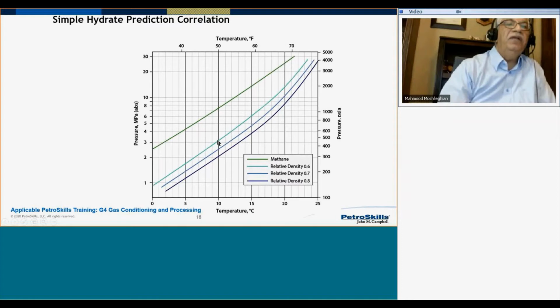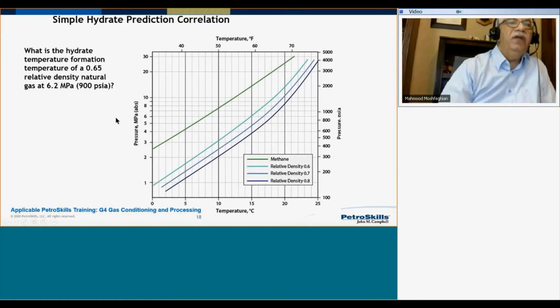The next ones are relative density of 0.6, 0.7, and 0.8. So for our case study that I introduced at the beginning, the subsea pipeline, we knew the pressure was 6.2 megapascal or 900 psi, and the relative density of gas was 0.65. So let's see what the hydrate formation temperature is.